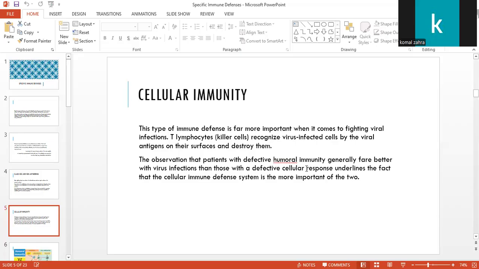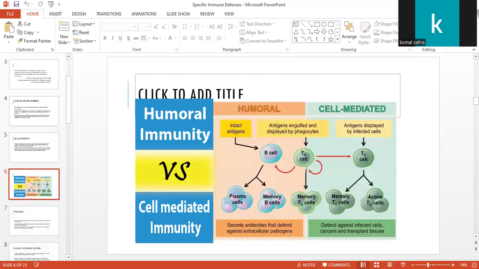The observation that patients with defective humoral immunity generally fare better with virus infections than those with defective cellular responses underlines the fact that the cellular immune defense system is the more important one. A defect in the cellular response creates a great problem in building a stronger immune system against viruses.